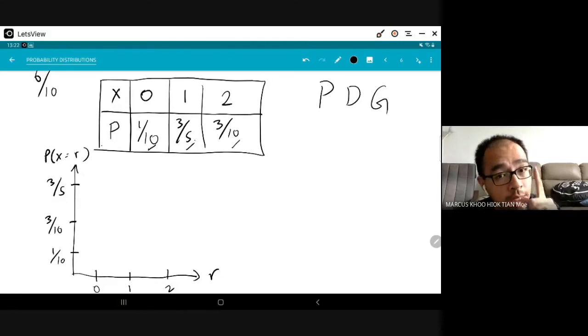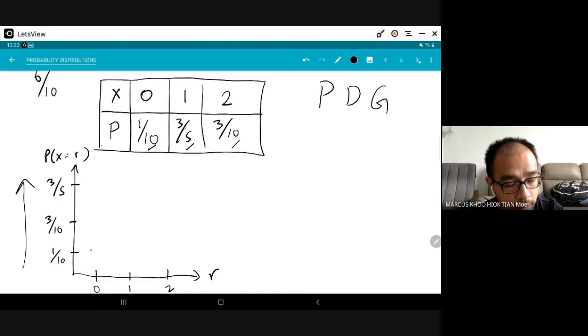Okay, please double check to make sure. Don't just say, oh, 1 over 10, 3 over 5, 3 over 10. Okay lah, susun saja. No, no such thing. Okay, ini masih perlu disusun mengikut size nombor. Okay, alright, so 0 is 1 over 10, 1 is 3 over 5, and 2 is 3 over 10.